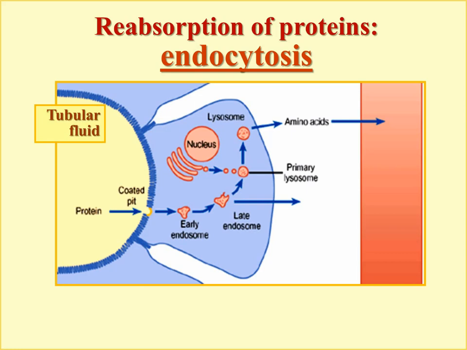You can see the tubular cells taking these protein molecules by formation of coated pits. Then endosomes are formed, early and late. They join the lysosome, and finally, inside the lysosomes, by their proteases, the proteins, albumins, are digested into amino acids, and these amino acids are released into interstitial fluid and finally go to blood.